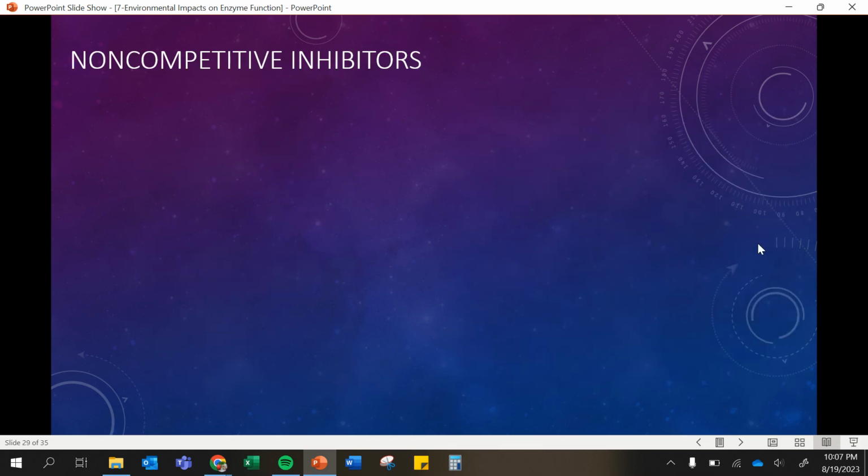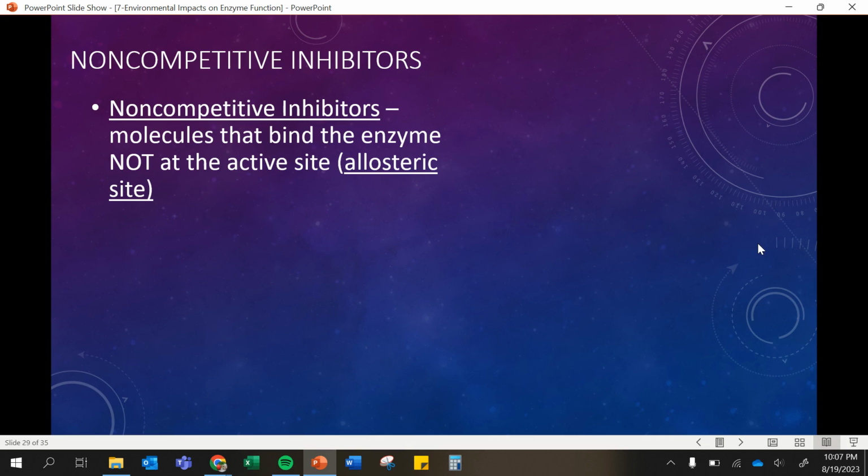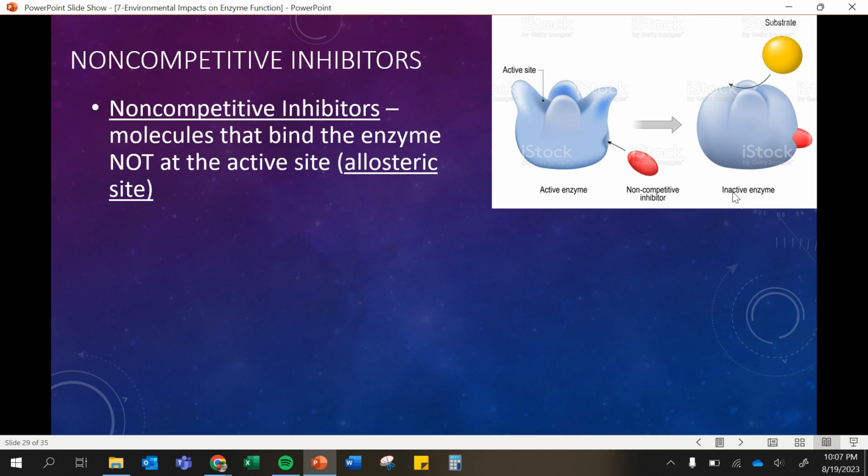We can also have non-competitive inhibitors. They work similarly, but instead of binding to the active site, they bind somewhere else called the allosteric site. So here's an example of our enzyme. A non-competitive inhibitor binds to some other site called our allosteric site. That binding is going to cause a change in the shape of the enzyme, called a conformational change.